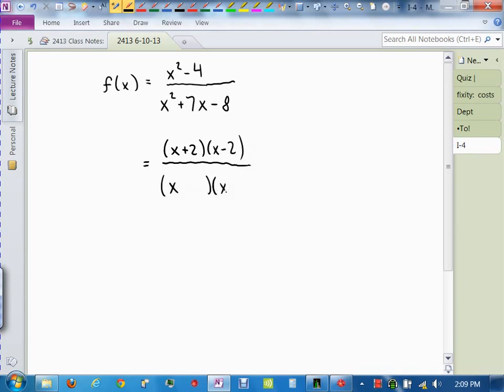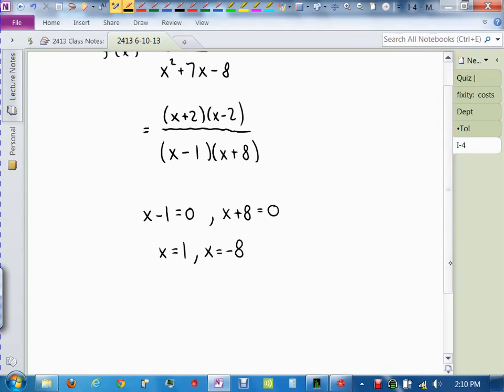What does the denominator factor to be? x minus 1 times x plus 8, is that what I heard? Okay. So now I can take each of those factors, x minus 1, and ask myself, when would that be 0? And x plus 8, when would that be 0? That would be at 1 and negative 8. Those are the two values of x that I cannot plug in. If I plug them in, I'm done, because the function is not going to be able to handle it.